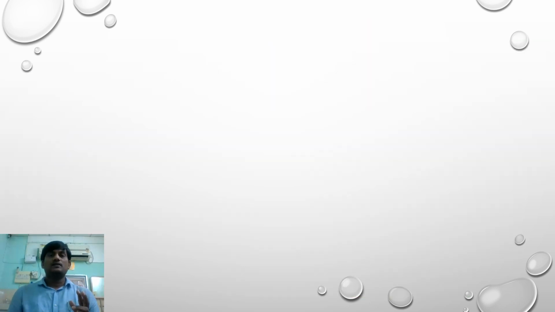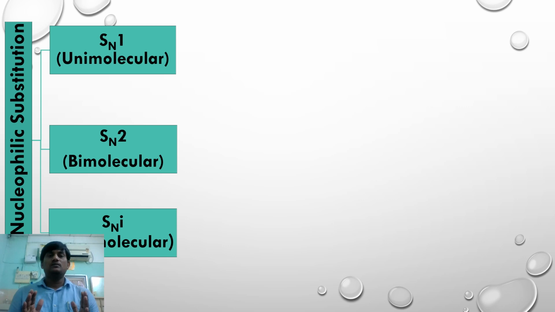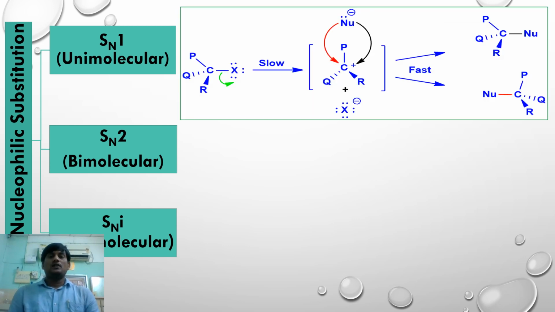Nucleophilic substitution reactions are classified into unimolecular nucleophilic substitution reaction, that is SN1, bimolecular nucleophilic substitution reaction, that is SN2, and intra or internal molecular nucleophilic substitution reaction, that is SNi. If you take SN1, in this reaction we have two steps.